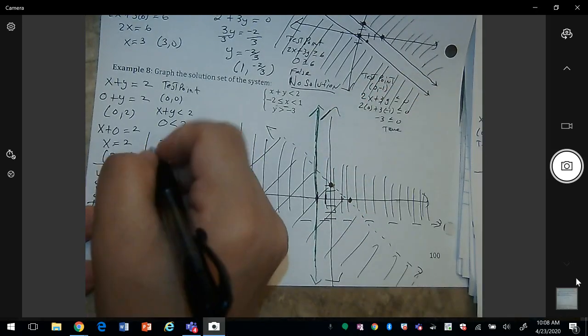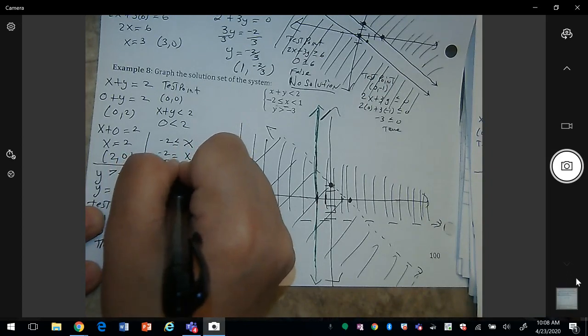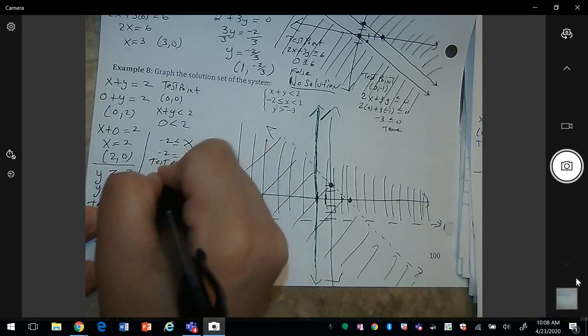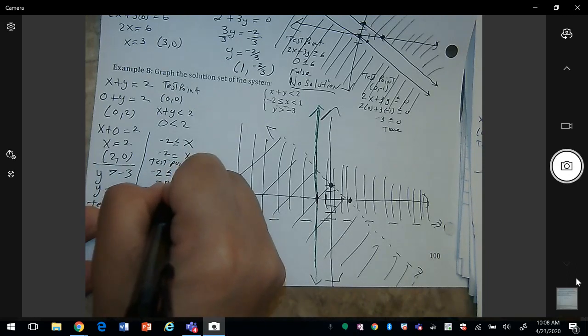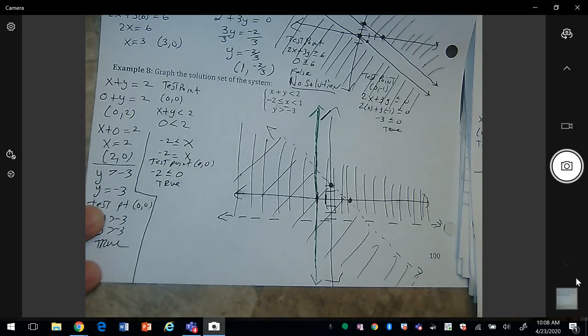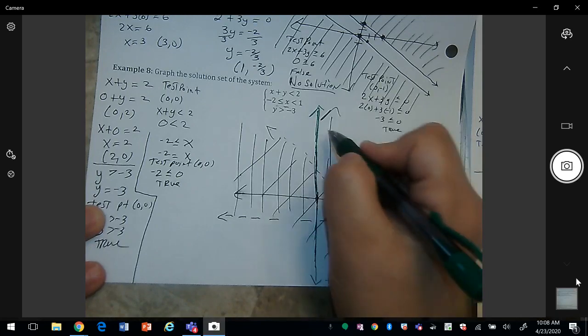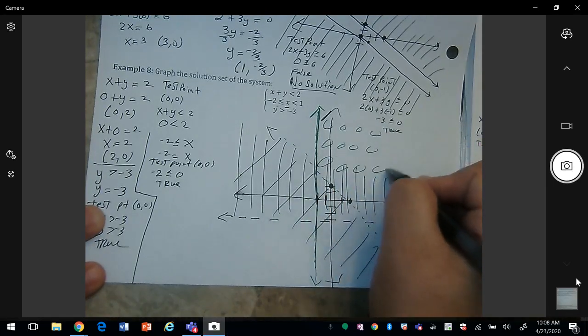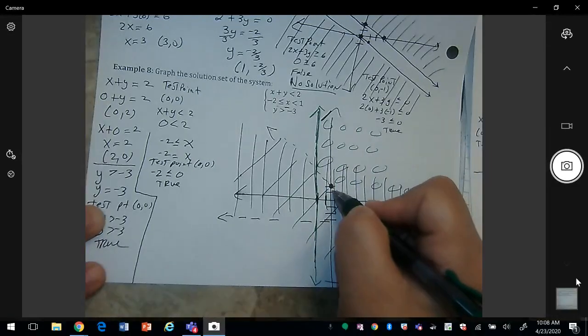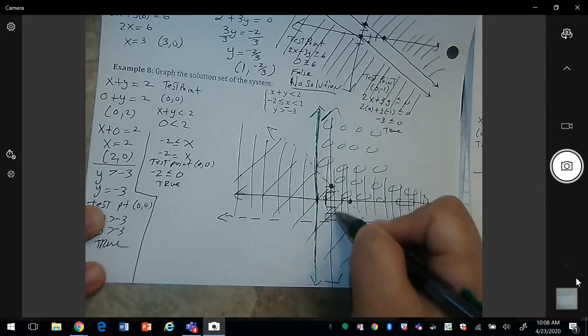Test point 0, 0. So negative 2 is less than or equal to 0. That's a true statement. So we're going to shade to the right. I'm going to use circles as my shading so we can distinguish between all these different lines.